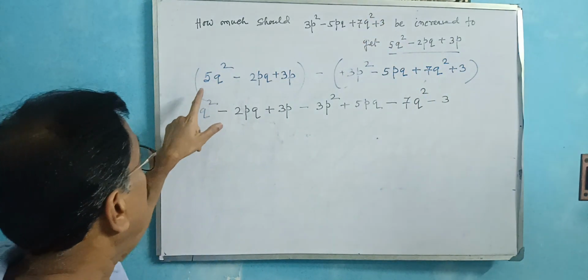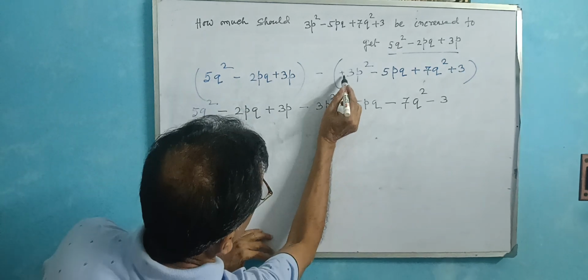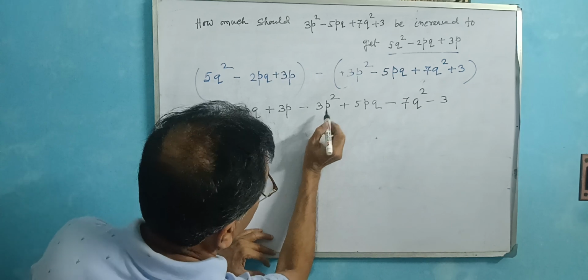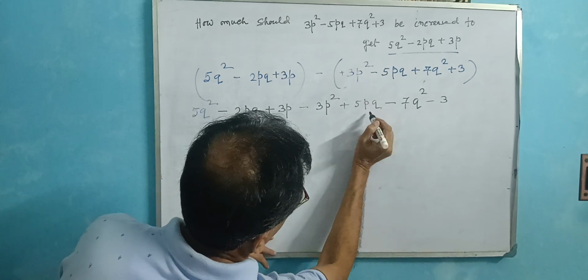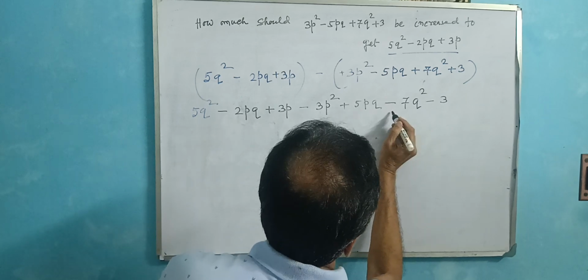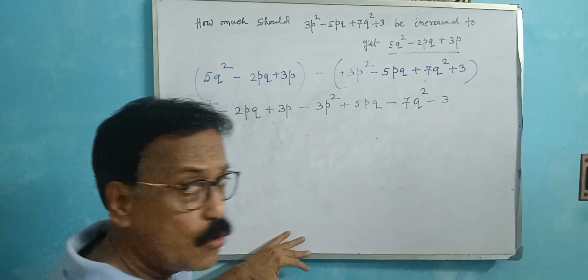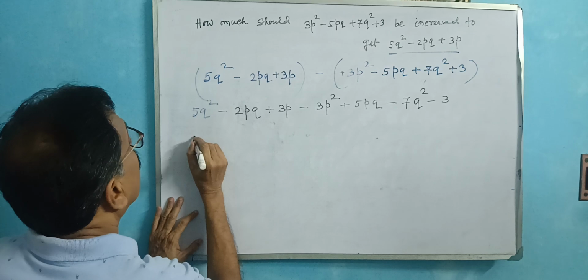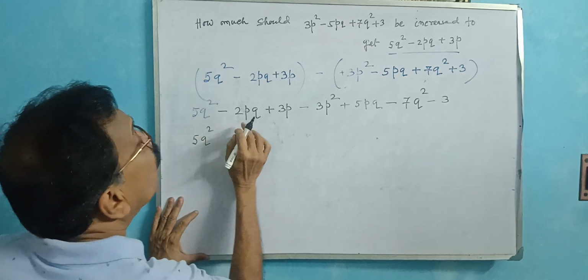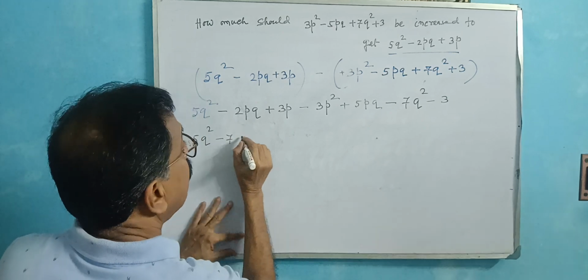Okay, 5q square minus 2pq plus 3p. Now plus minus, very carefully you recheck. Plus minus 3p square, minus plus 5pq, plus minus 7q square, plus minus 3. Okay, no problem. Now the like terms are accumulated side by side. You write 5q square, where is q? 7q square, minus 7q square.